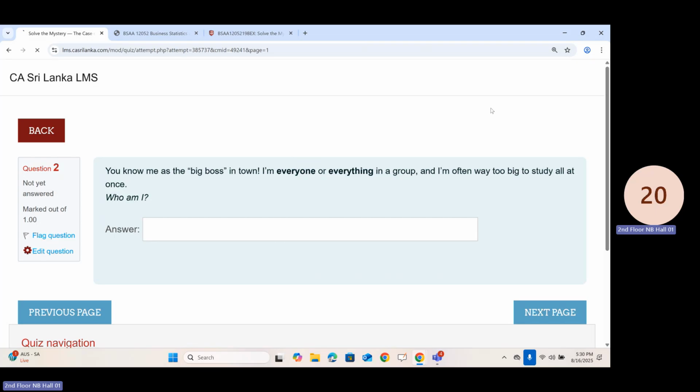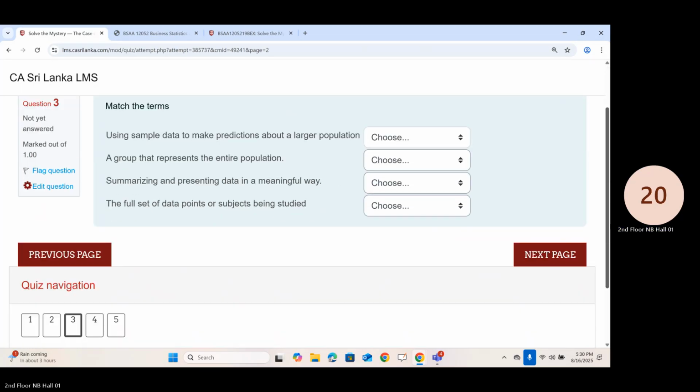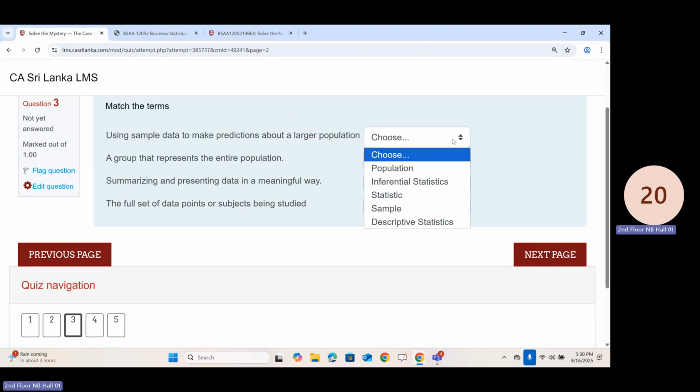Then move on to the third one. Here the first says using sample data to make predictions about a larger population. What is the answer?